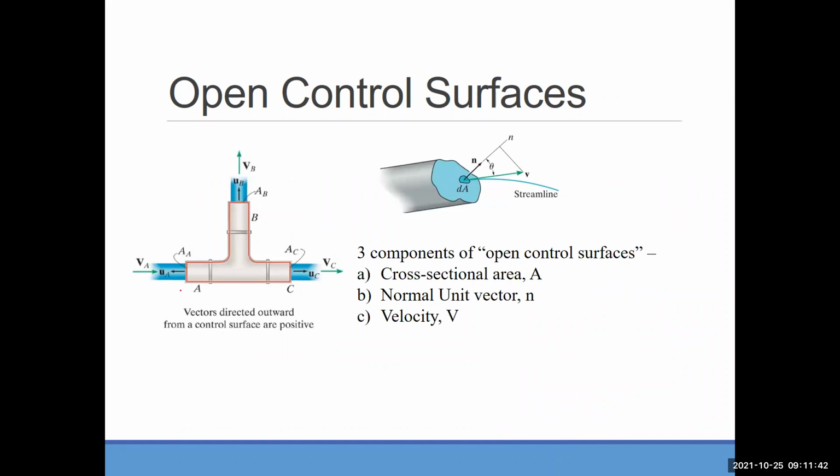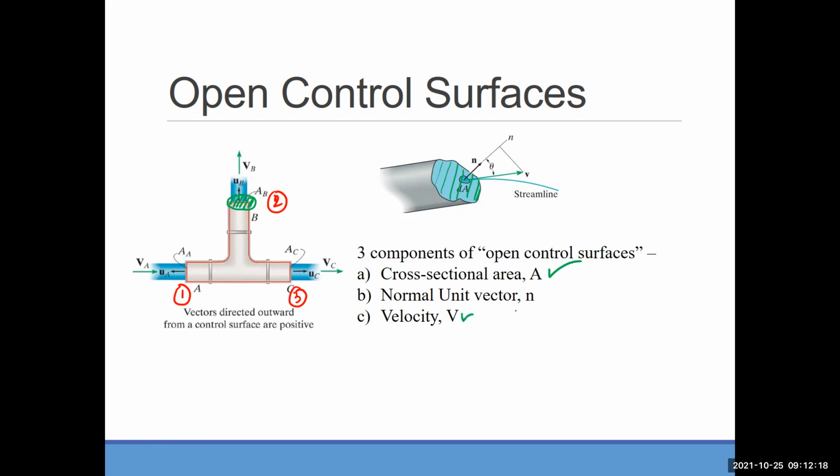Now, this one again, the same picture. We know this is number 1, this is number 2, this is number 3. For any open control surface, there have to be three components. The first one is the cross-sectional area, like this one, or this one here. So you will need the cross-sectional area. You need a velocity.